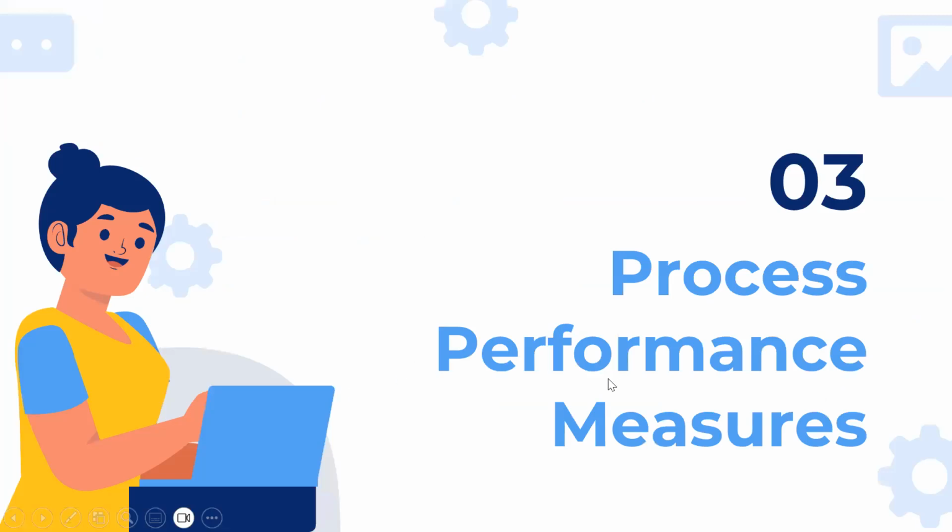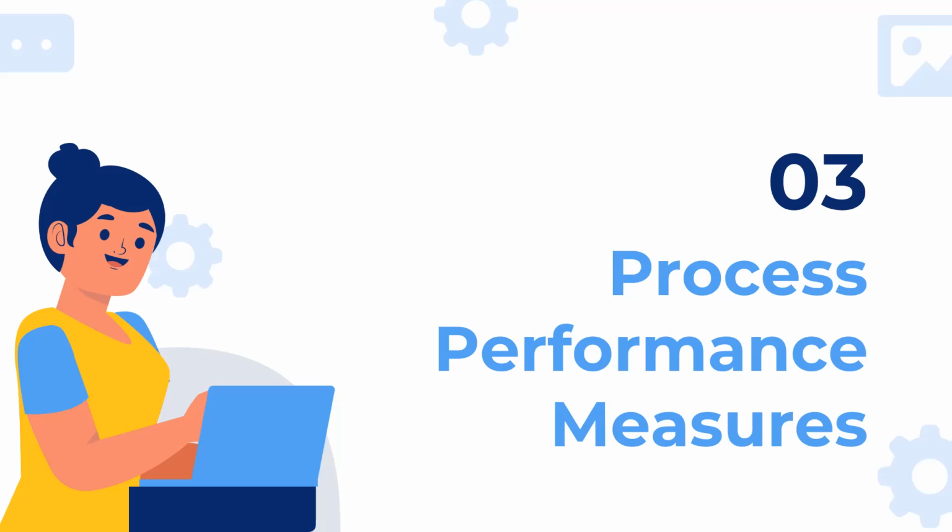process performance measures. Up to now, we have identified the process checklist in the identification process. And then to select a particular process, we have identified a particular criteria. Now we are going to discuss process performance measures. After selecting a particular process, we have to identify the baselines. To improve, you should know where you stand.